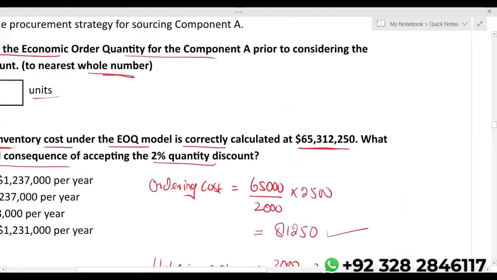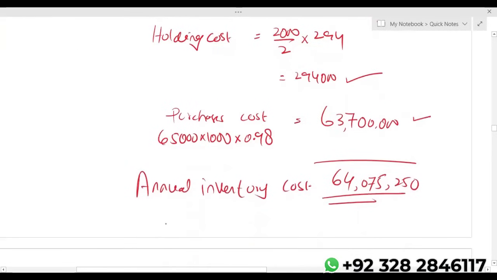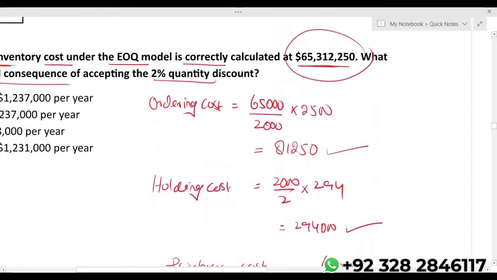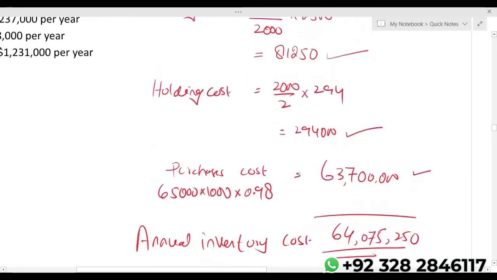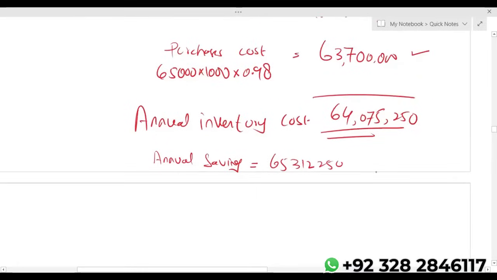Examiner has already calculated. You can see that cost with EOQ is higher than the cost with discount. See the benefit. Annual benefit, annual saving. If we get the discount, we'll be having annual saving. And that will be 65,312,250 minus 64,075,000.